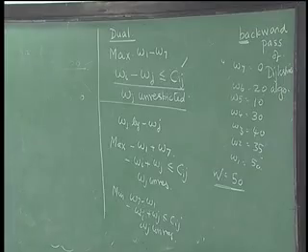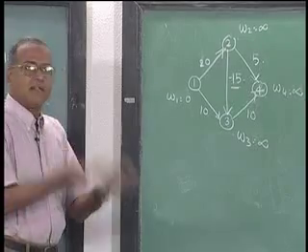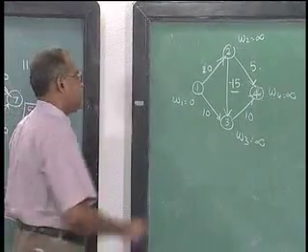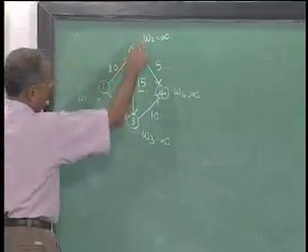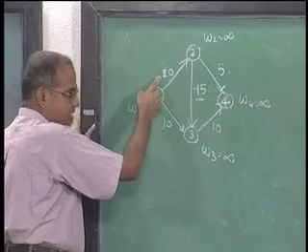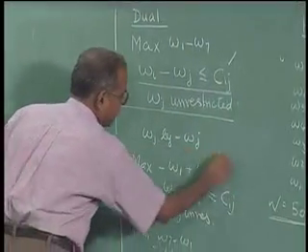So, if you are able to get an ij such that Wj minus Wi is greater than Cij, then we can actually correct the Wj. If we look at this pair 1 2, Wj minus Wi is greater than Cij. Please observe that we are looking at this particular form of the dual.